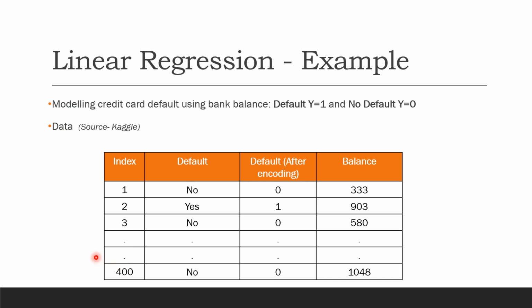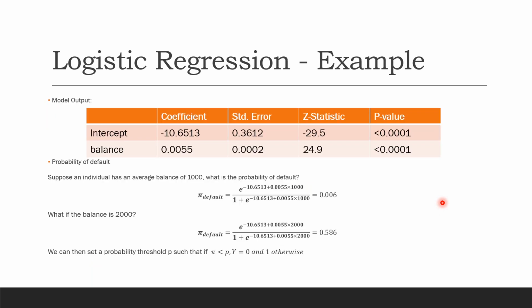Next, what we want to do is run a logistic regression using this data, and we get the following results. So this is the model output. We have the intercept and the coefficient for the variable balance, since we only use the one variable. The slope for balance is 0.0055, and the p-value is again less than the threshold value.